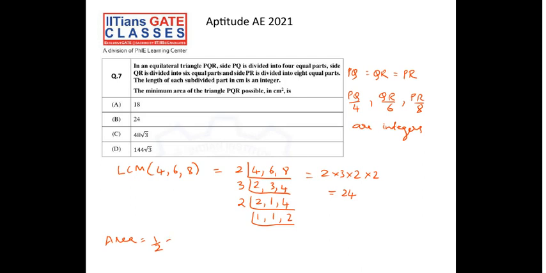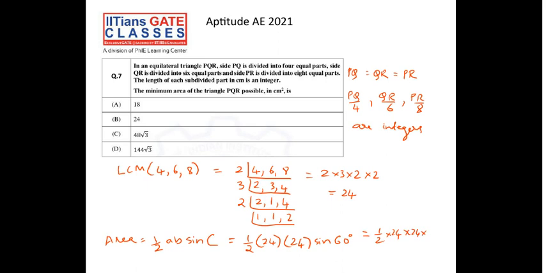To find the area of triangle PQR, we go for half AB sine C. Let's say the side lengths are A and B, where PQ is A and QR is B, and C is the angle between sides PQ and QR. So applying half AB sine C, we get half into 24 into 24 into sine of 60 degrees. 60 degrees because it's an equilateral triangle, so all angles inside are 60 degrees.